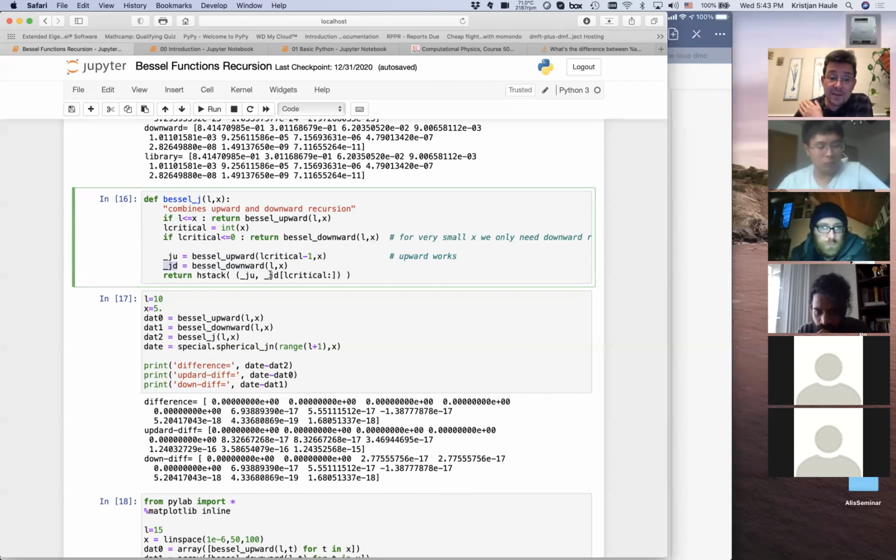Only from L critical on, this part of the array is precise. The rest is not precise and we need to use the upward recursion. So here we are basically stacking together the upward recursion up to critical L and then the downward recursion from critical L on. So this combines the two together.